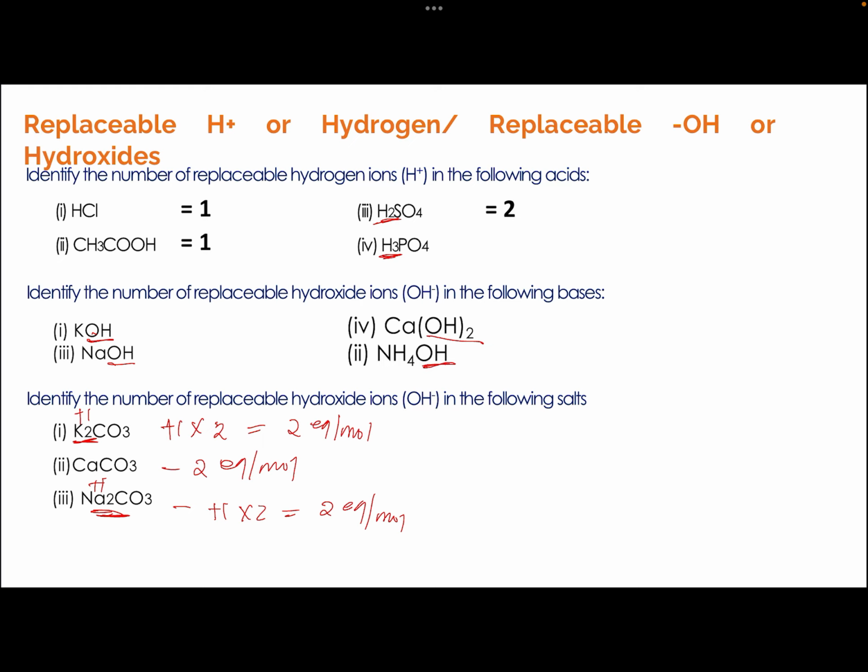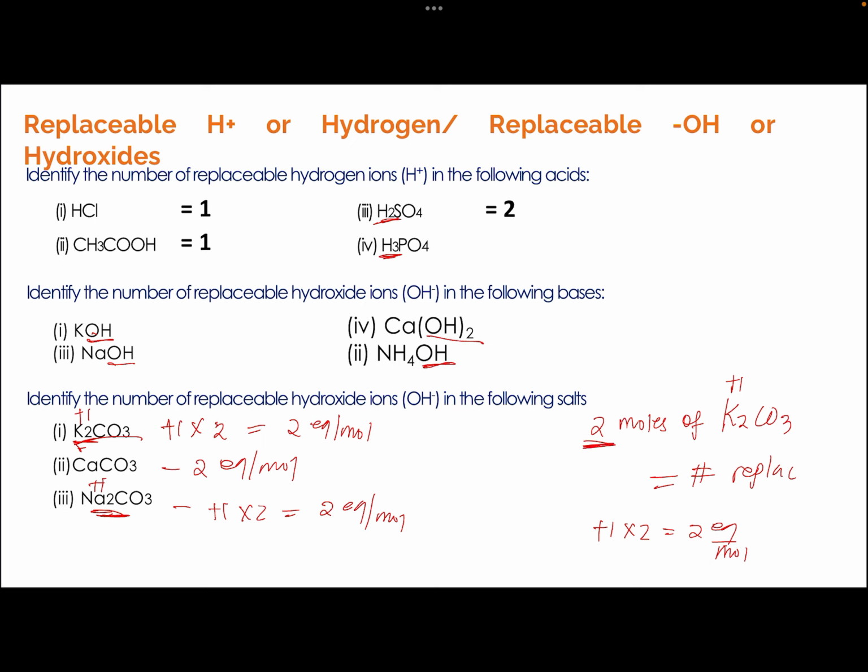Example, if I have a problem that asks how many replaceable H are in 2 moles of, for example, K2CO3. So how many is its number of replaceable H? To count, K has positive 1, so we have positive 1 times 2, which is 2 equivalents per mole.